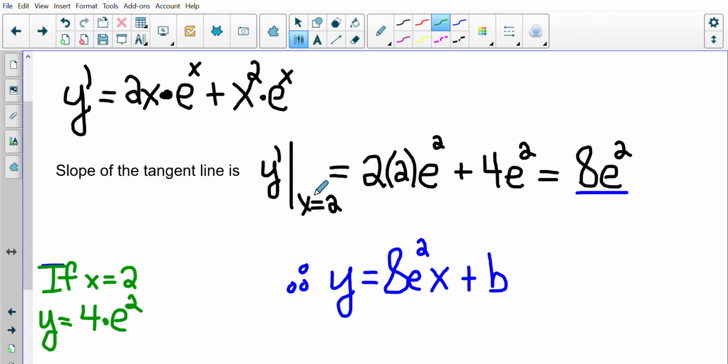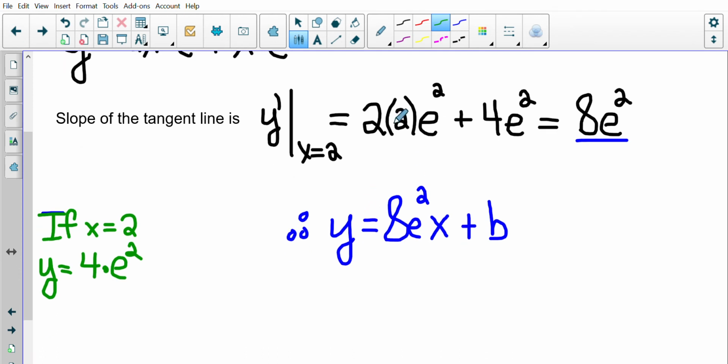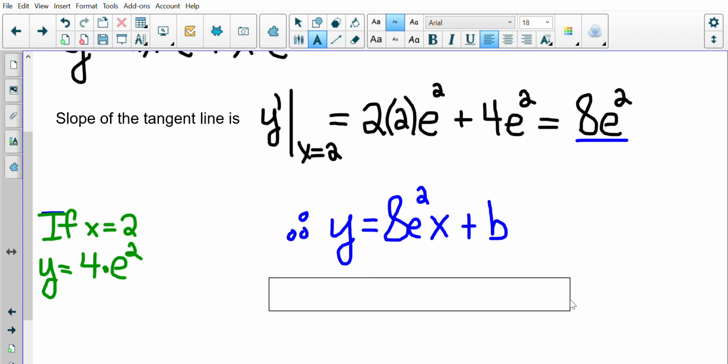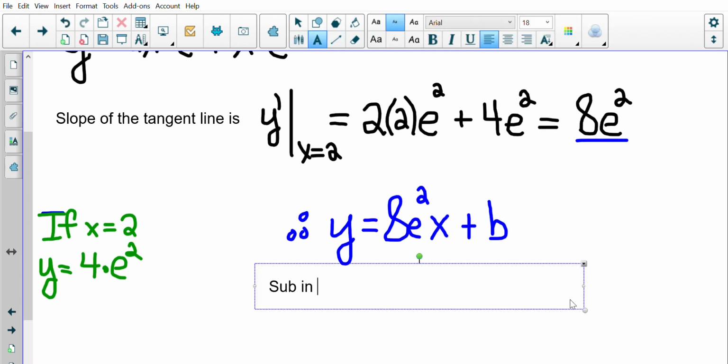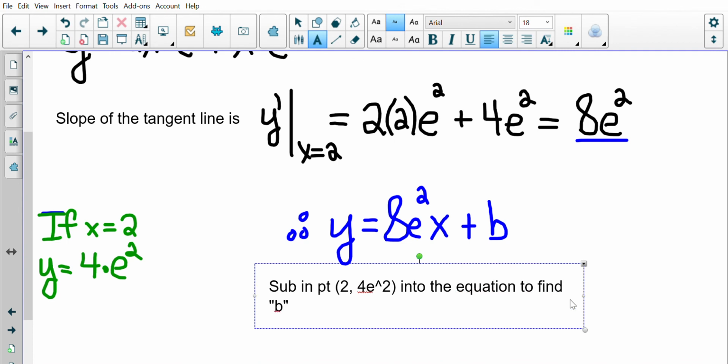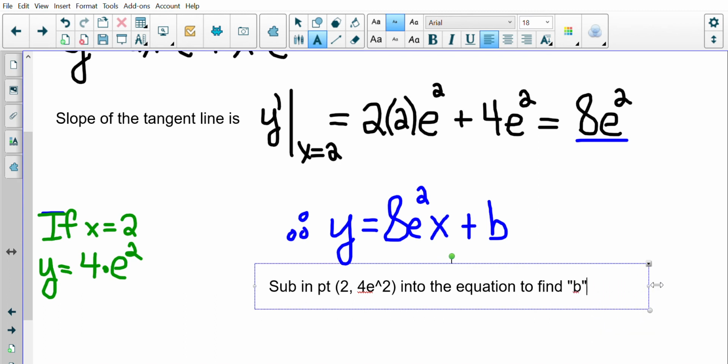So I'm going to sub that point in to find my b value, and then I've got the equation of my tangent line. So I'm going to sub in the point, the x value was 2, the y value is 4e squared, into the equation to find our y-intercept, which again is called the b value. Never understood why, but it is.